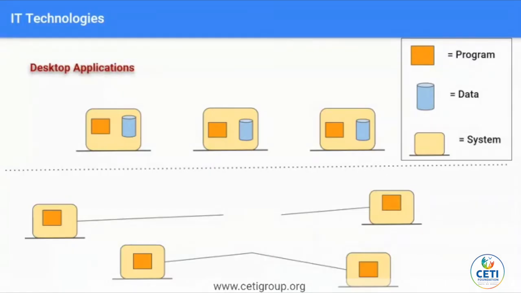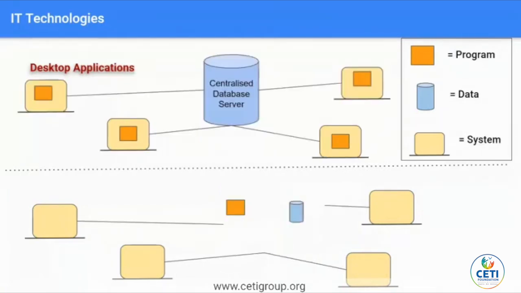Later this was improved by moving the data to a centralized database server. Now if any database update happens, you don't need to update it for everyone because the server is centralized. So it evolved into a centralized database system.